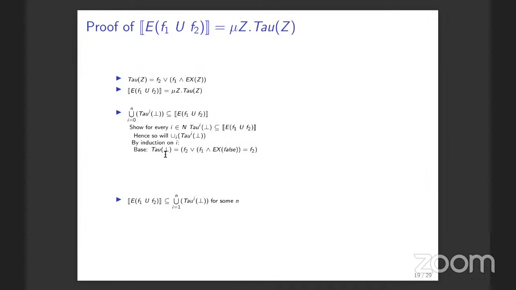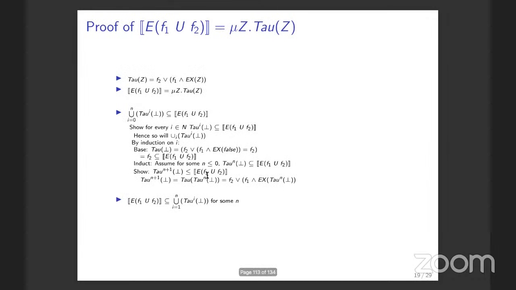You will first show tau of false. False is obviously included. False implies this. So in one step, you will have to use the one-step expansion of tau to show that this is there. And then for induction, you will use that for every n greater than or equal to 0, tau n of false is inside that. And then you show that tau n plus 1 of false is also inside E F1 U F2.